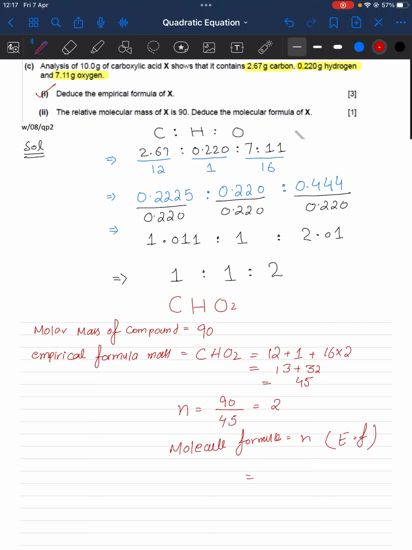So molecular formula is 2 into empirical formula CHO2, and if we multiply we will get C2, H2 and O4. So this is the molecular formula of the compound, C2H2O4.